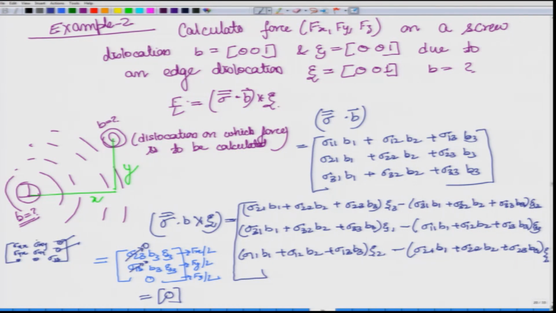So, these stress components do not influence the screw dislocation, and therefore, what we have obtained is what we should have expected from the very beginning, that an edge dislocation cannot apply any stress onto a screw dislocation. And in fact, we can now extend this to find out what will be the forces because of a screw dislocation onto a screw dislocation. But before that, this is the expanded way to solve it.